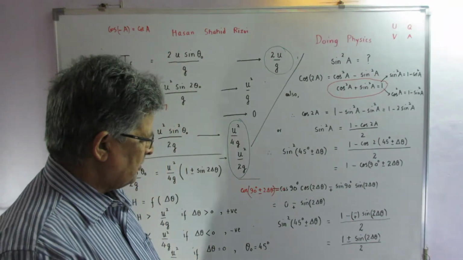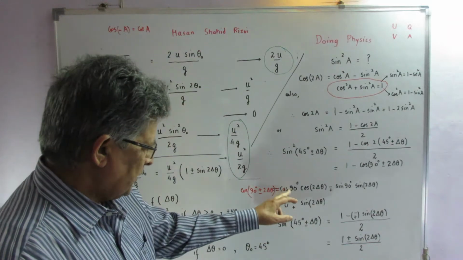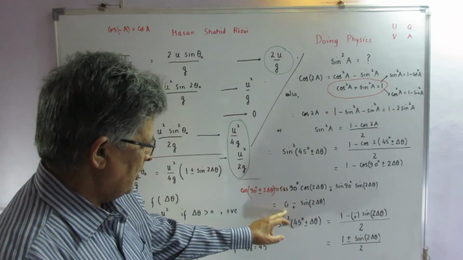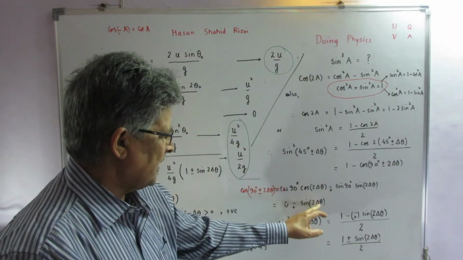So this value becomes equal to 0 because cos of 90 degrees is 0, minus plus sine of 2 delta theta.